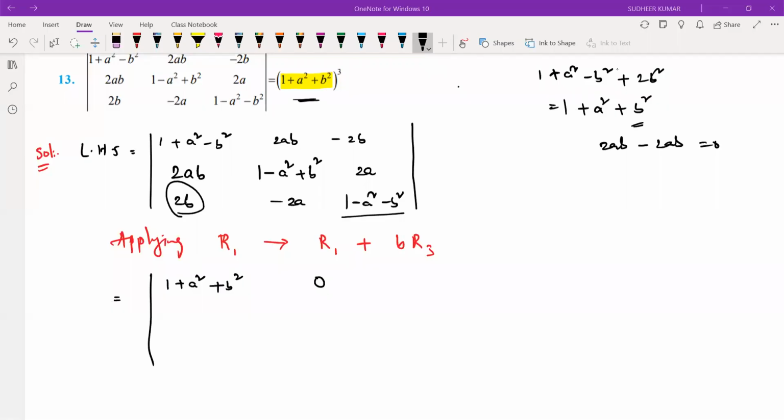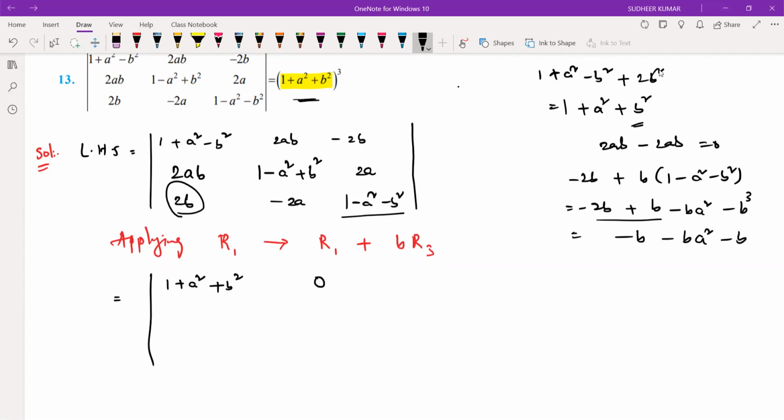The next one is minus 2B plus B times of 1 minus A square minus B square. It is nothing but minus 2B plus B minus BA square minus B cube. So minus 2B plus B is minus B, minus BA square, minus B cube.